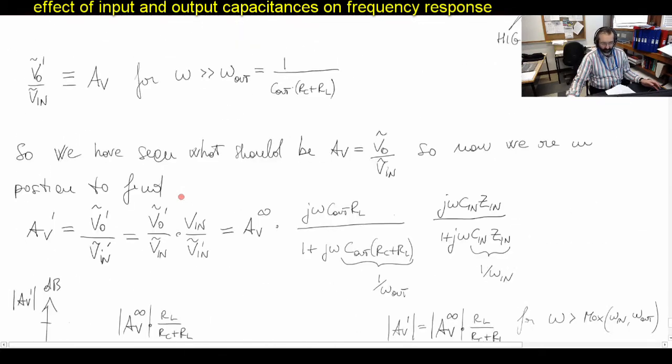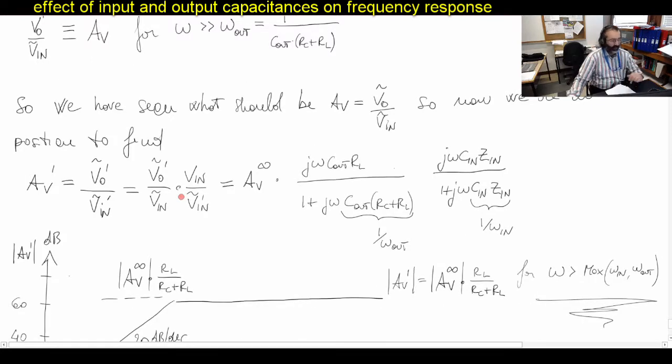And so we can do it using the other bits we've done just now. So VO prime over Vin prime can be written as we can multiply and divide by Vin. So I have VO prime over Vin, which we've just calculated here.